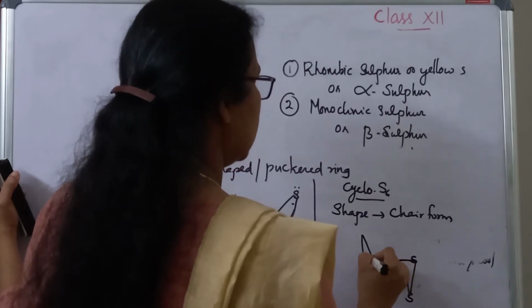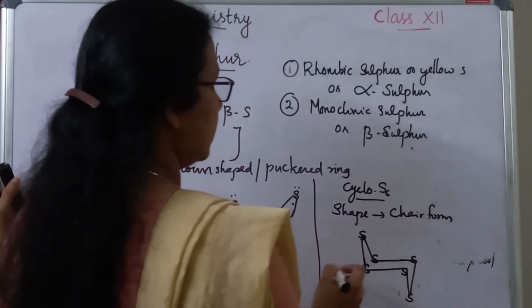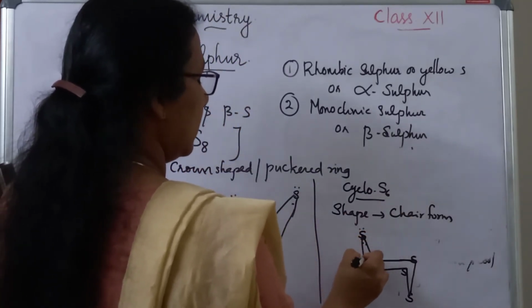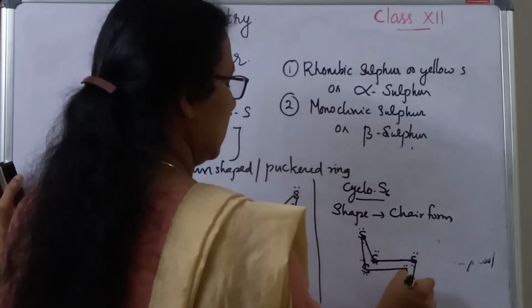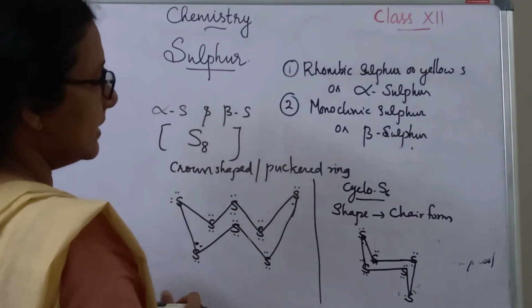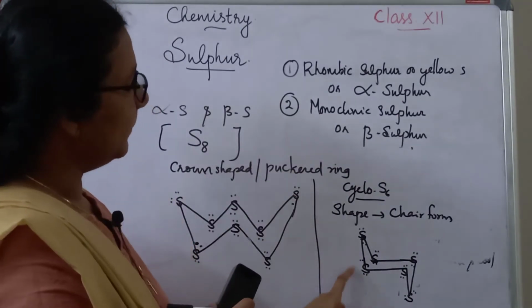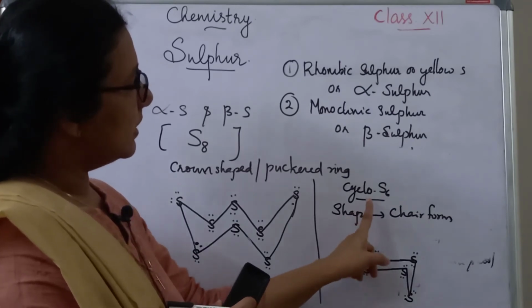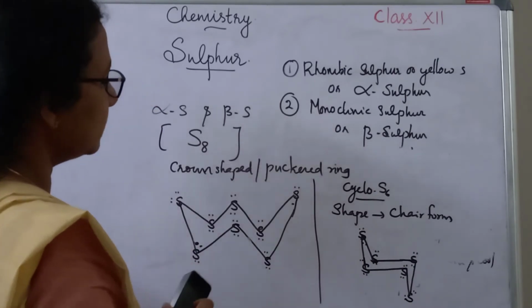Six sulfur atoms are there, and here also we can draw the lone pairs. So this is cyclo S6, and its shape is chair form.